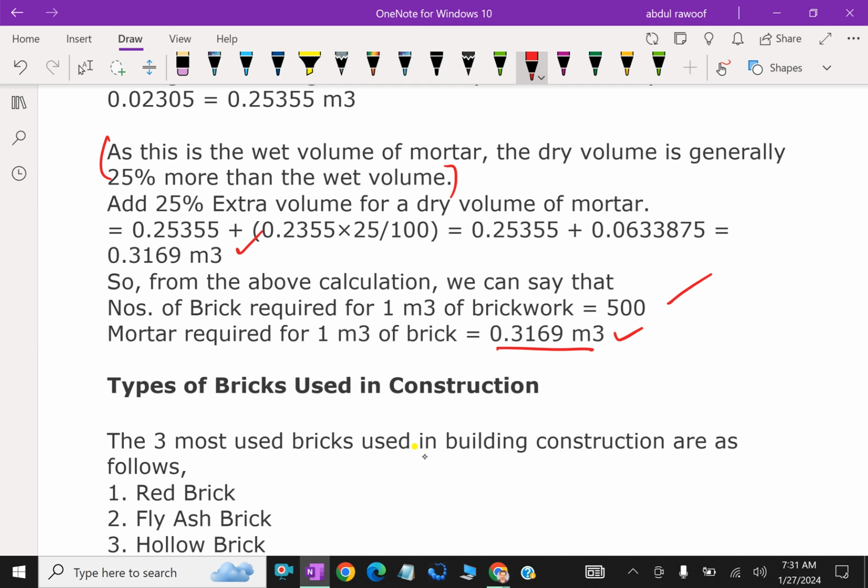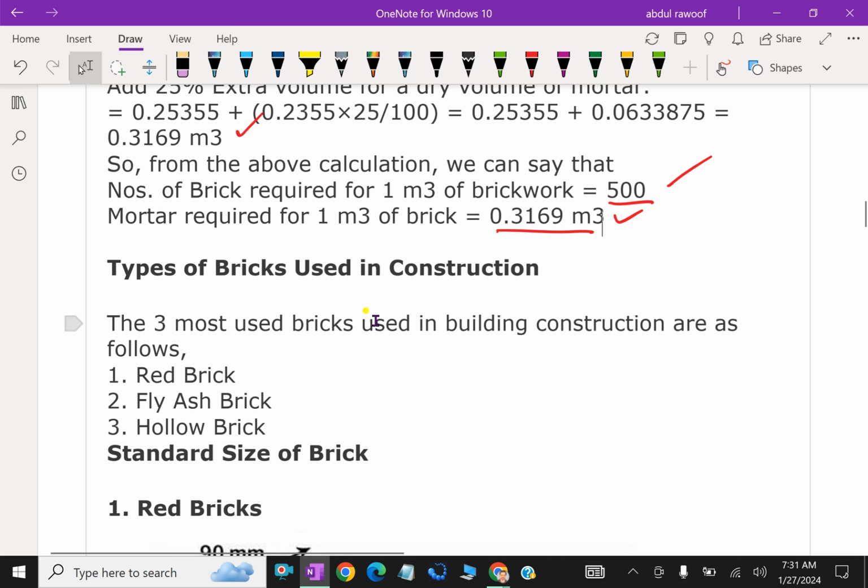By using these numbers, we can calculate the number of bricks and volume of mortar required for a particular size of wall. Now we discuss the types of bricks used in construction.